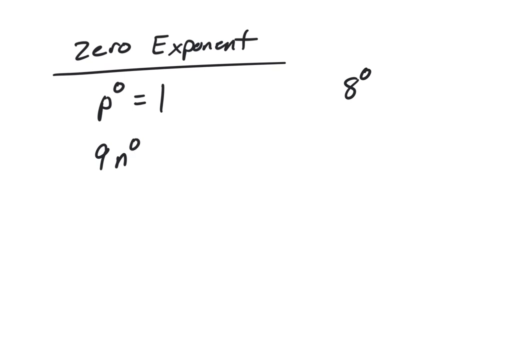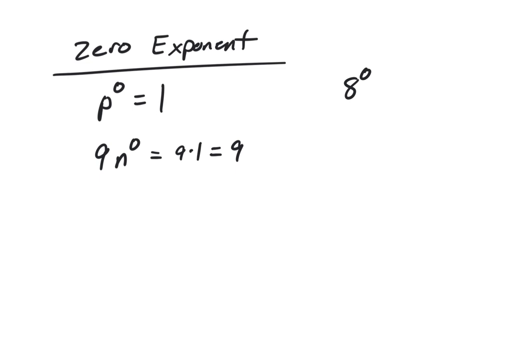If I have 9 times n raised to the 0, n raised to the 0 is 1. 9 is not attached to the n here. They're two different things. So really this is 9 times 1, which is really 9.